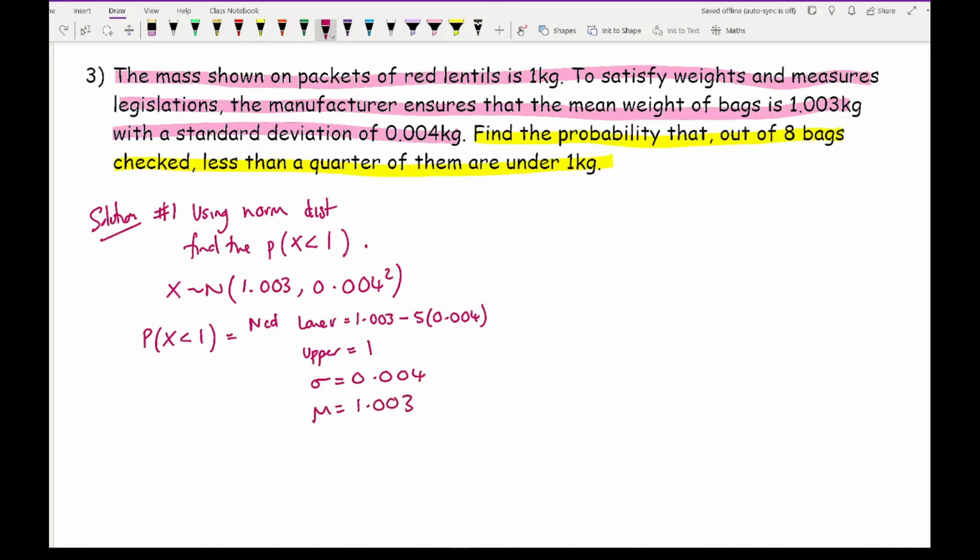If I just quickly do that on my calculator, the lower is 1.003 minus 5 lots of 0.004, which gives us 0.983. Then the upper value is 1, sigma is 0.004, and mu is 1.003.